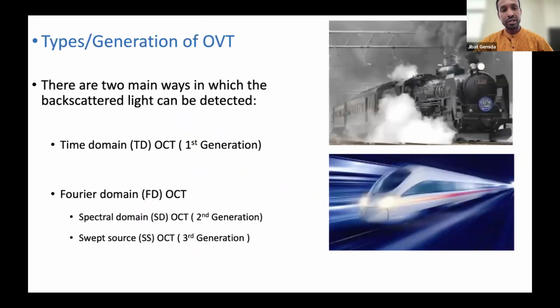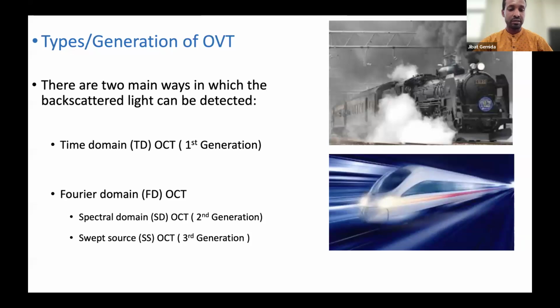When you look at the generations of OCT, there are two main ways in which the backscattered light can be detected: the time domain, which is first generation OCT, and the Fourier domain.